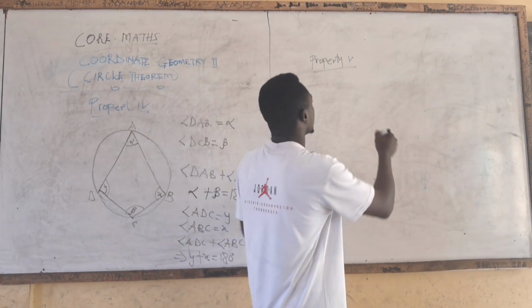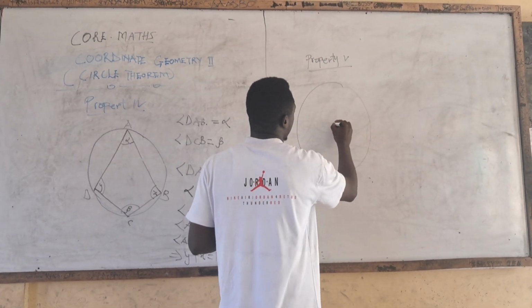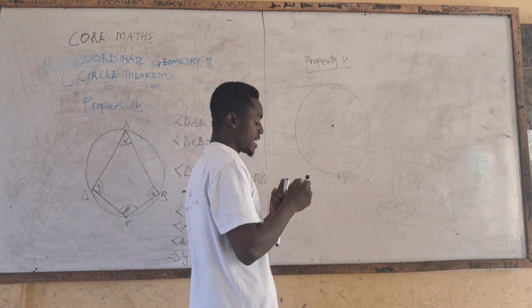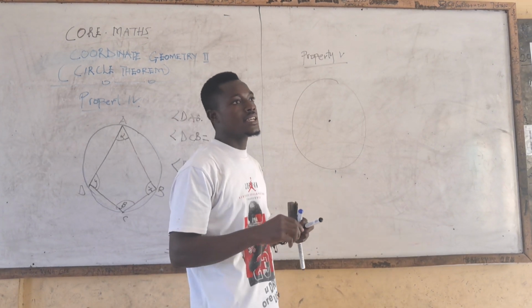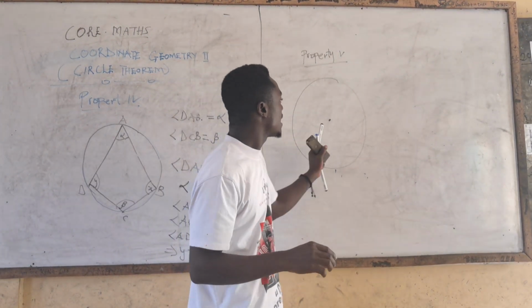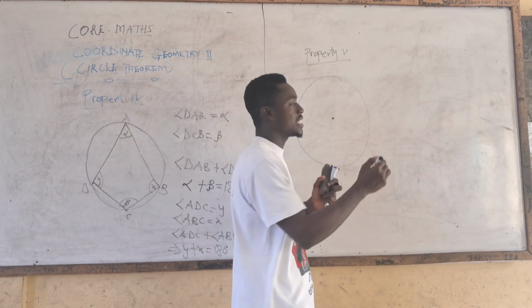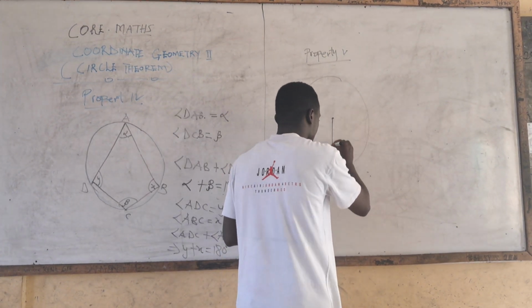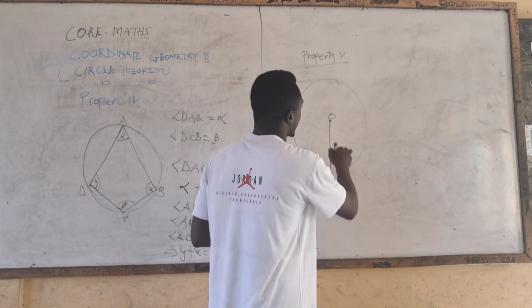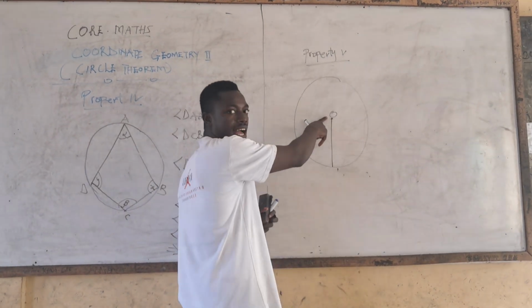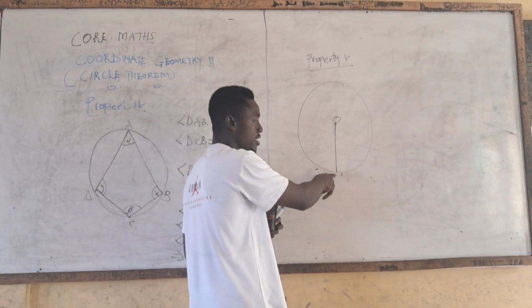So property 5 says if I have a circle like this, and there's a center, you know that the distance from the center to any part of the circle is our radius. So let's assume we have a radius here, a line from the center to the circumference.